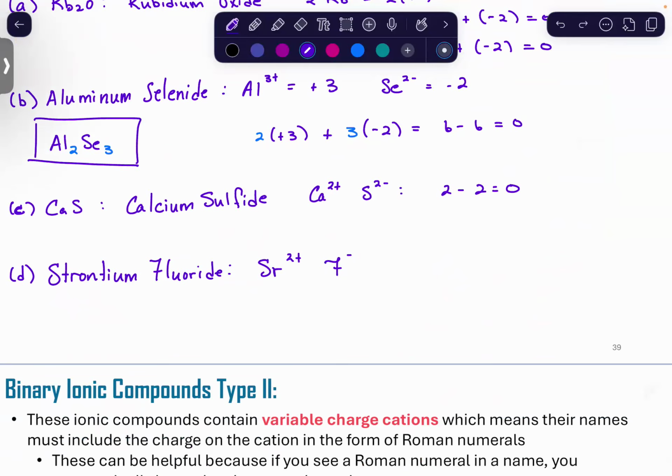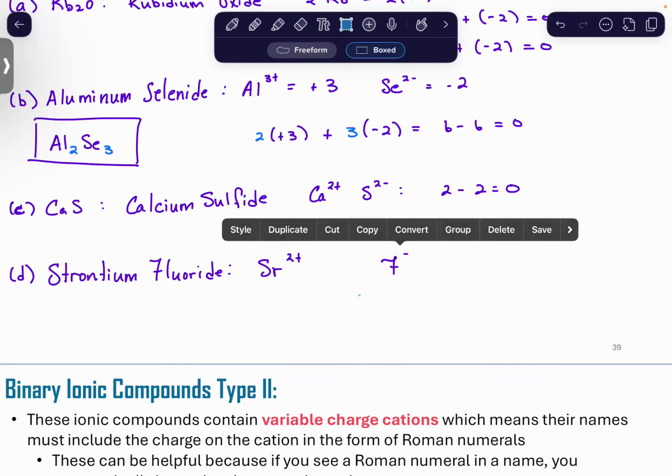So I have to say, well, let me move this over a little bit so I can actually just write the numbers down. Okay, so how do I get this to come together as a neutral molecule?